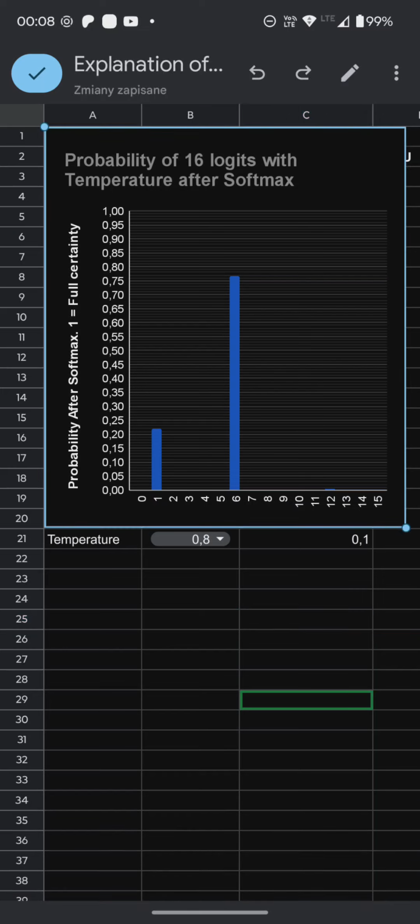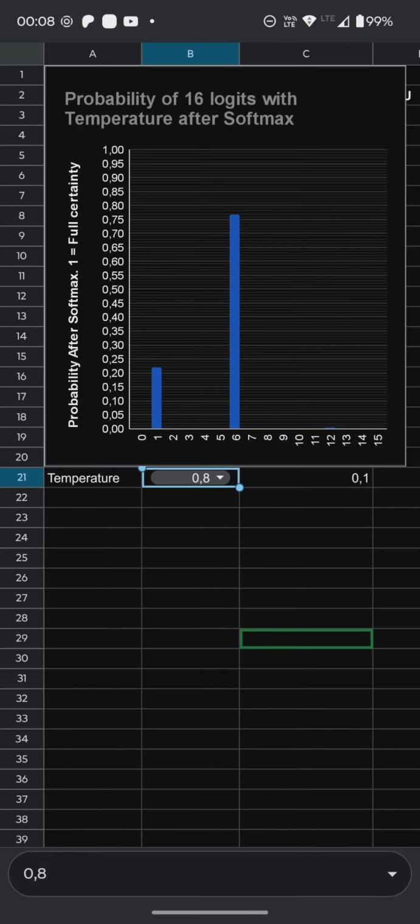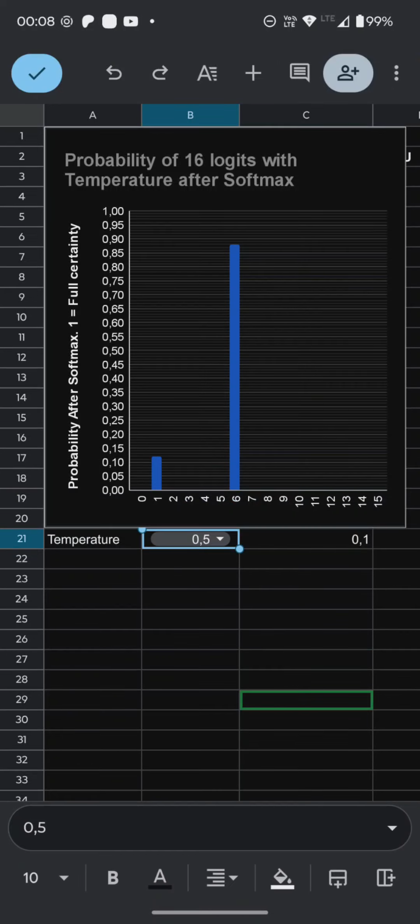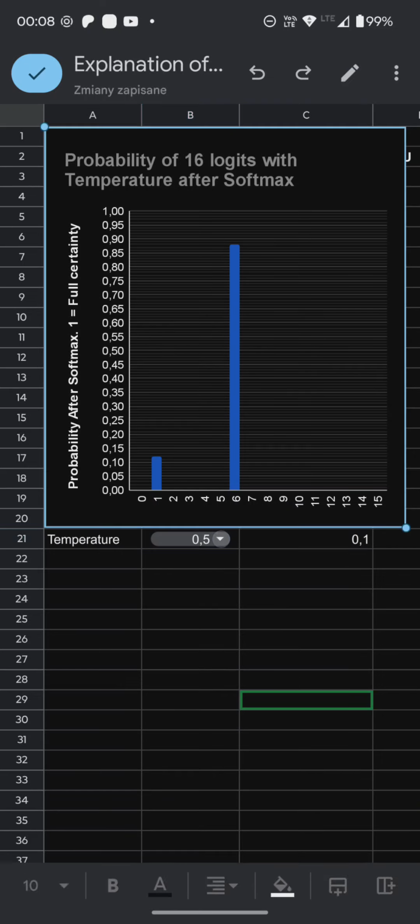Well, let's lower it to 0.5. Yeah, now it's almost 90% certain of this one answer, slightly over 10% certain of the other answer, and basically those two add to 100% at this moment because the other noise has been completely eliminated and is not worth anything.